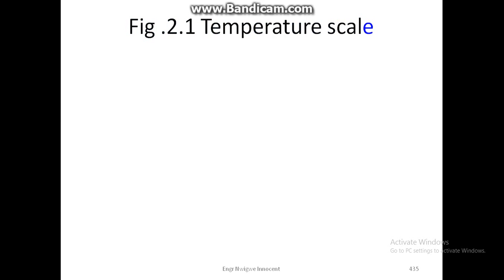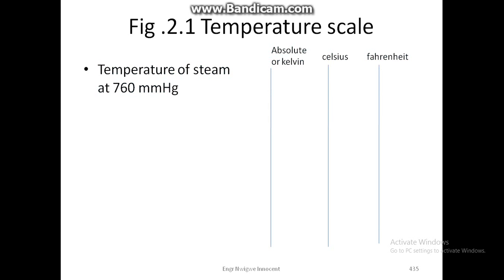Figure 2.1 shows the temperature scale. Temperature of steam at 760 mm Hg. Absolute temperature or Kelvin is 373 Kelvin, while the Celsius temperature is 100 degrees centigrade and the Fahrenheit is 212 Fahrenheit. Temperature of melting ice.